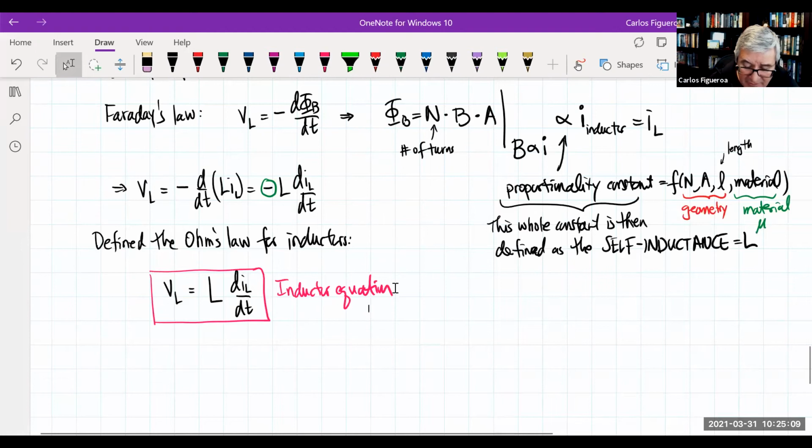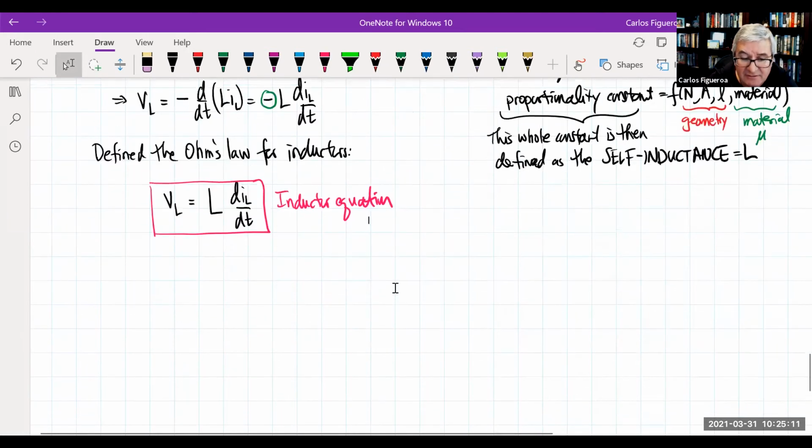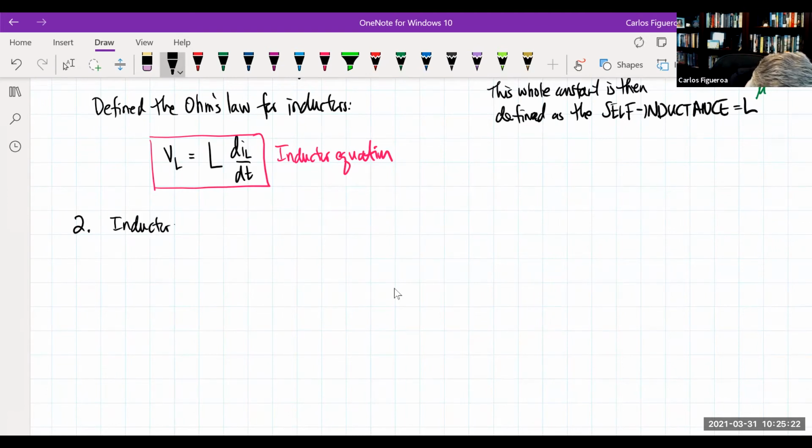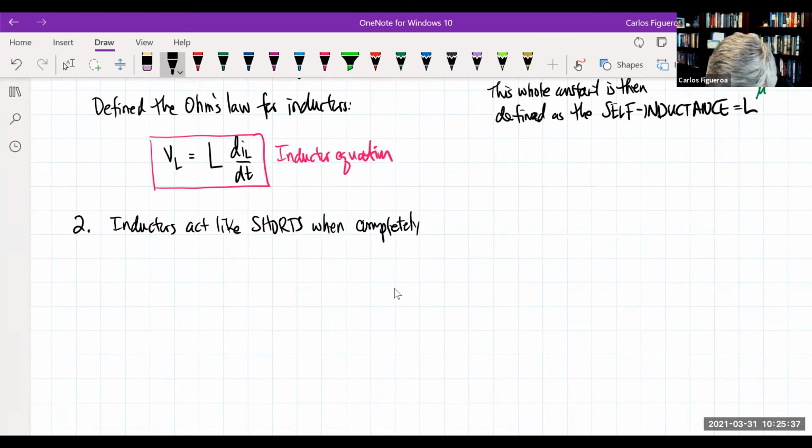And so what you find here is that now that I have the inductor equation, I then want to say here that inductors act like shorts when they're completely saturated.